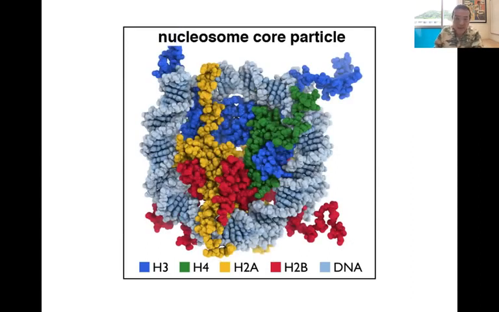Wow, now you can really see a couple of important features. Number one, you can really appreciate the fit of the shape of the histone proteins that make up the nucleosome and the double helix of the DNA around it, right? And again, this is not forming covalent bonds. This is simply shapes fitting together like puzzle pieces.